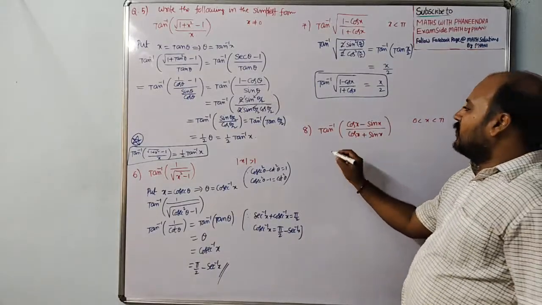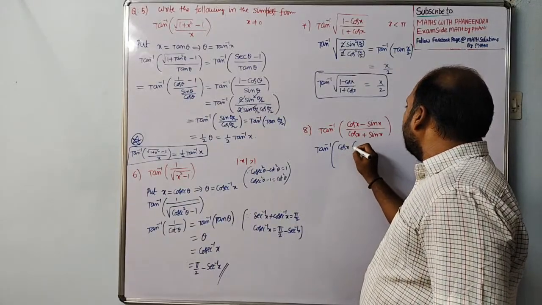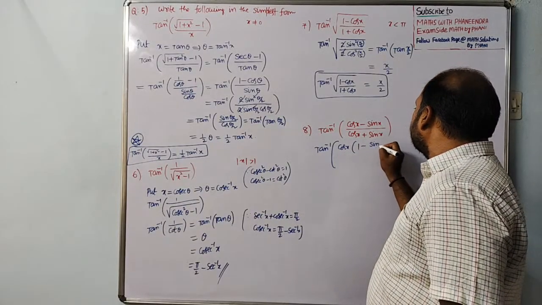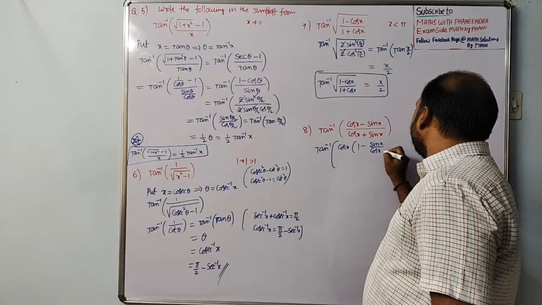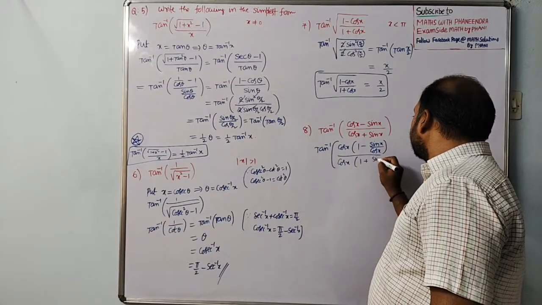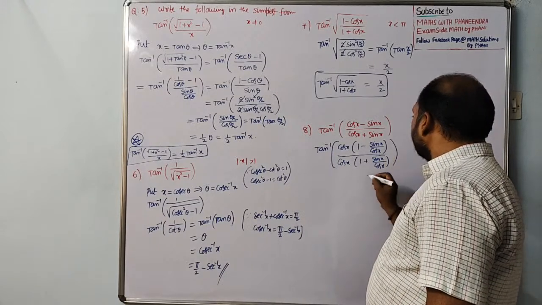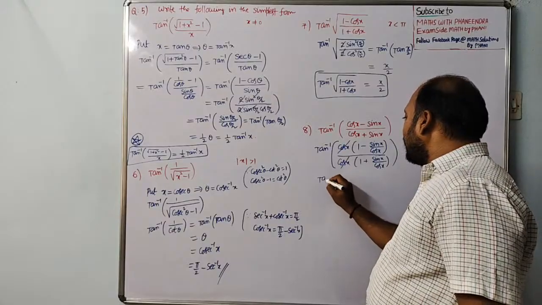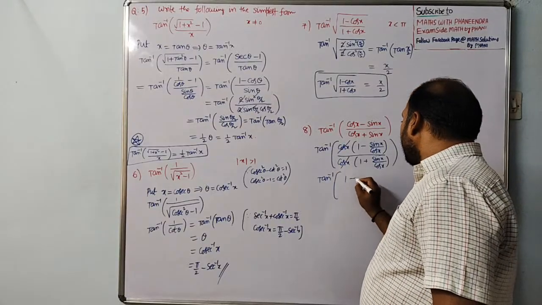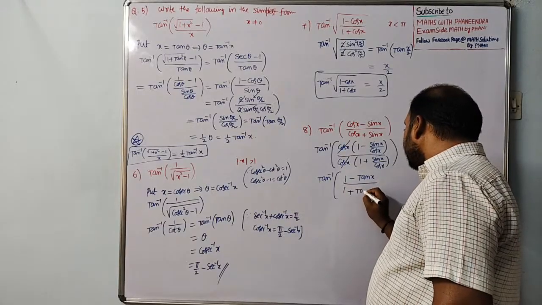Now question number 8. Tan inverse of cos x, take common from the numerator, 1 minus sin x by cos x, whole divided by cos x, take common 1 plus sin x by cos x. These two will be cancelled. Tan inverse of 1 minus tan x divided by 1 plus tan x.